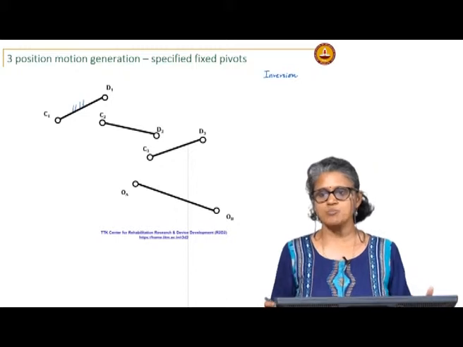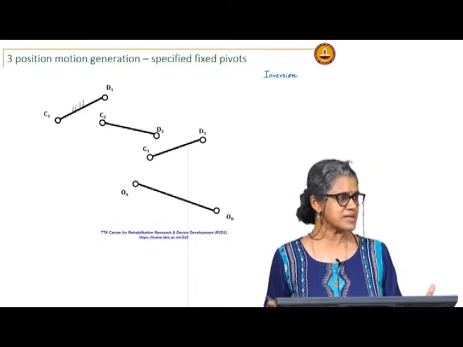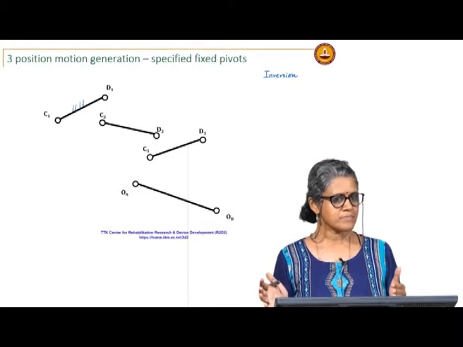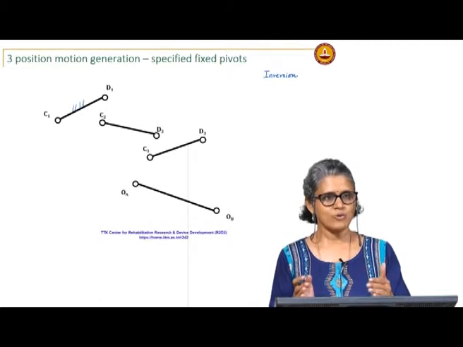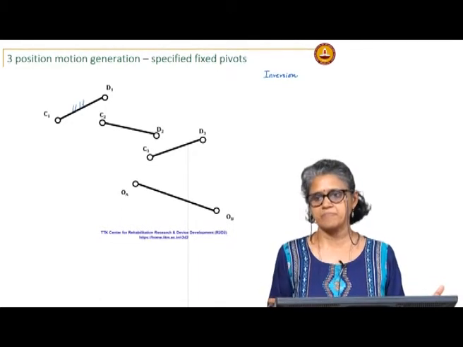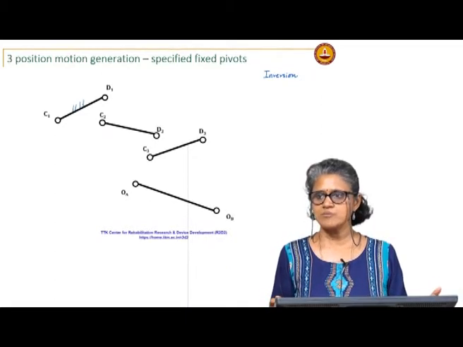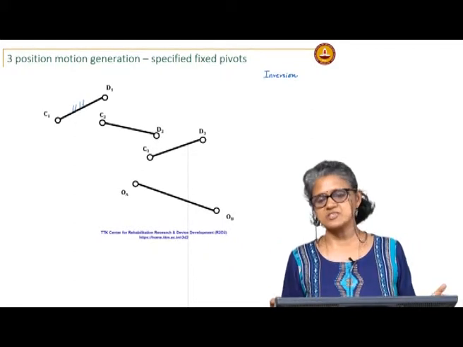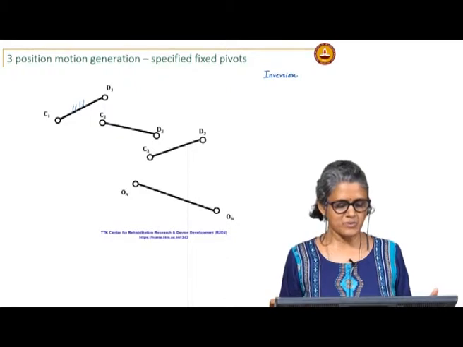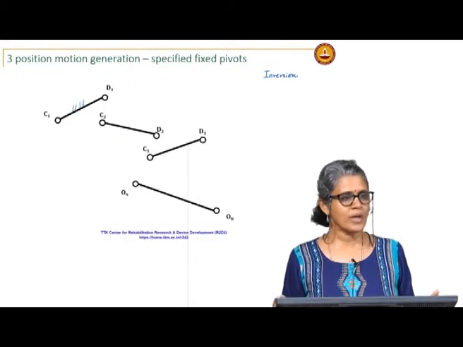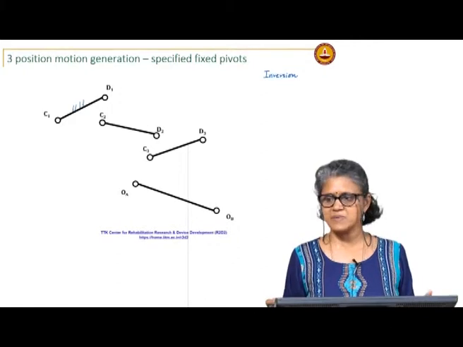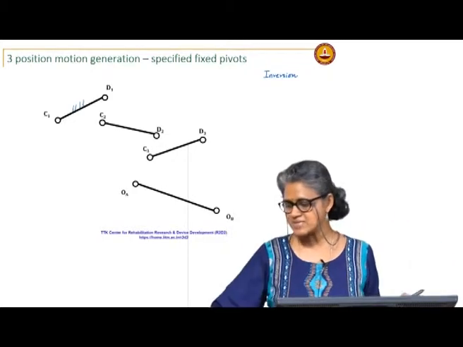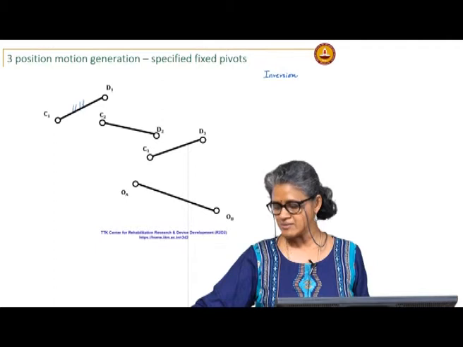So the coupler is not moving. I am sitting there, that is my reference point, and I am going to look at how OA OB will move relative to me. By inversion, I am sitting on the first position C1 D1, and I look at how OA OB will move with respect to me if I did not move but OA OB moved instead, so that the relative motion and the relative locations remain the same.